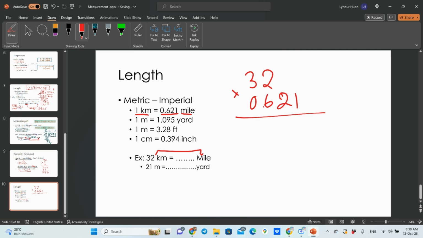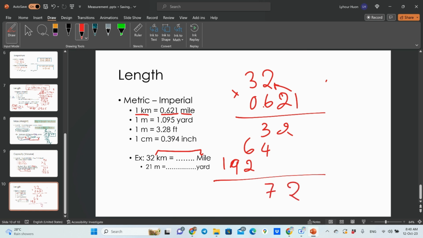First of all, we don't care about the decimal. 1 times 2 is 2. 1 times 3 is 3. 2 times 2 is 4. 2 times 3 is 6. 6 times 2 is 12, we have 1. 6 times 3 is 18, 18 plus 1 is 19. So we have 19,872.